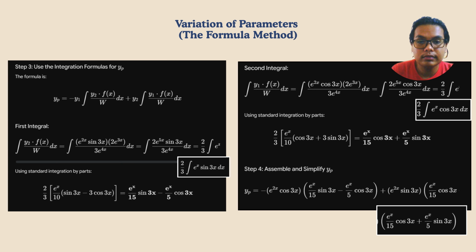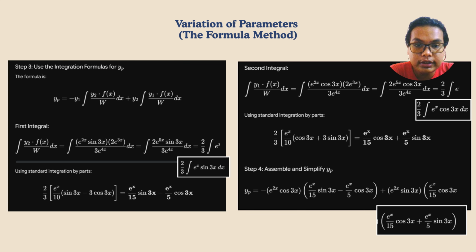The second integral, y1 f(x) over W dx, equals the integral of e^(2x) cos 3x times 2e^(3x) over 3e^(4x) dx, equals the integral of 2e^(5x) cos 3x over 3e^(4x) dx, equals 2/3 times the integral of e^x cos 3x dx.